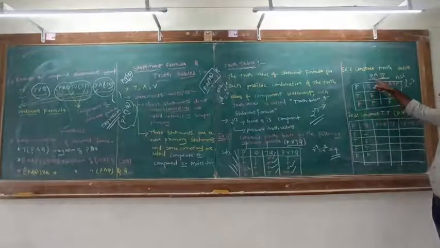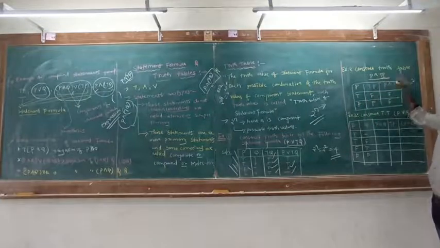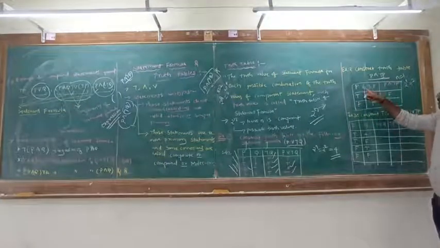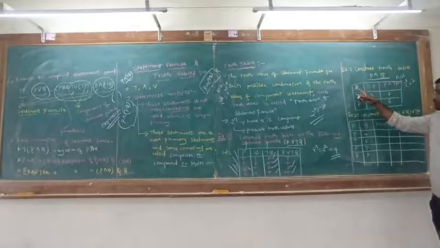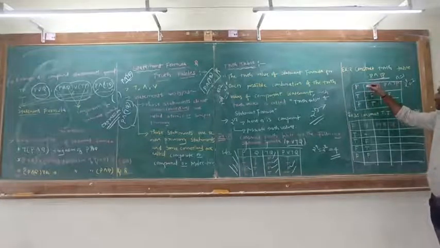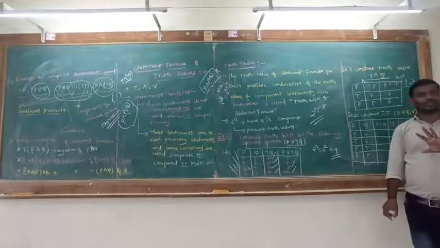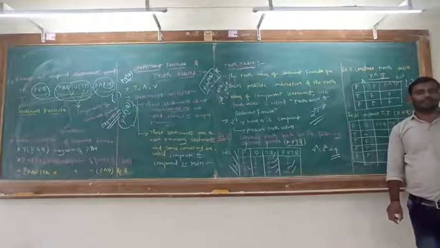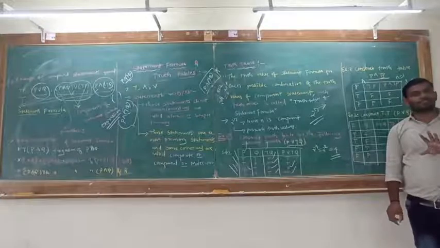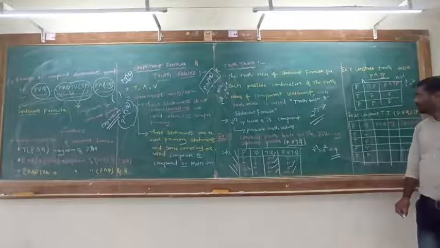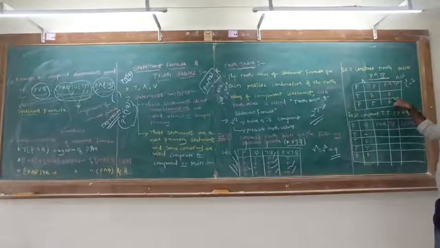Next, what has to be done? P conjunction negation P. We have the P, and also we have the negation P. Do the conjunction of these both columns. What is the conjunction? Whenever both are true. Okay. If either one is true, it will be false. Both false. Okay. So here true, false.